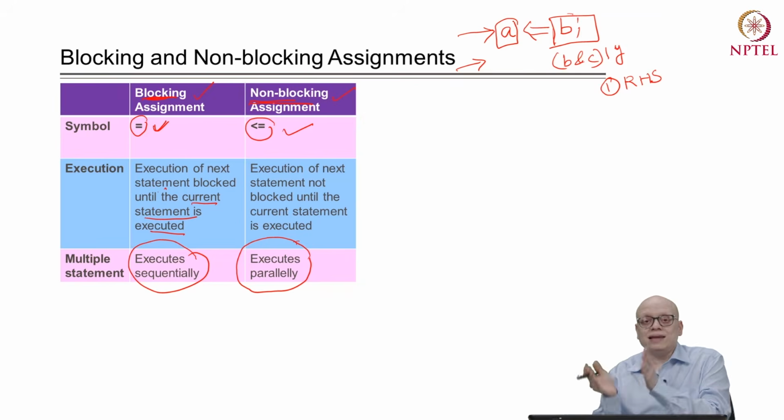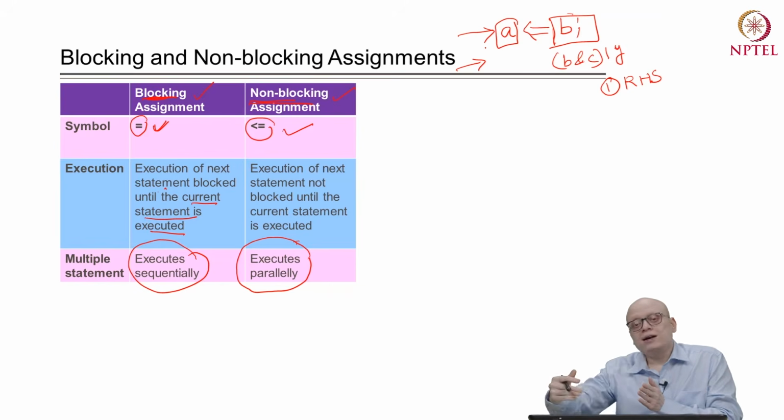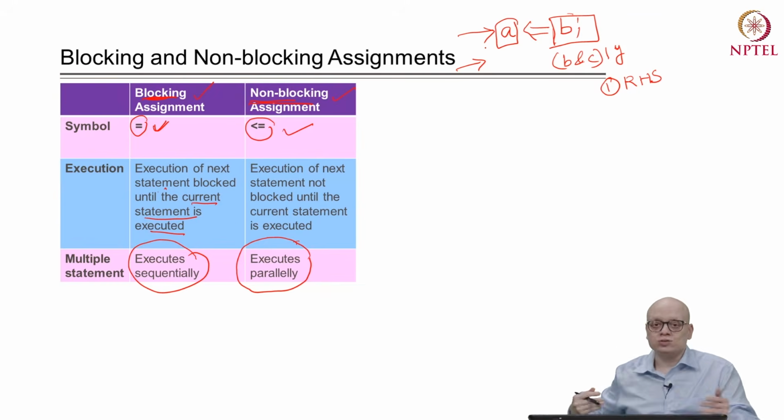In the next step the LHS will be assigned, but the execution is allowed to continue to the next statement and so on. This is how the execution of non-blocking assignment is done.